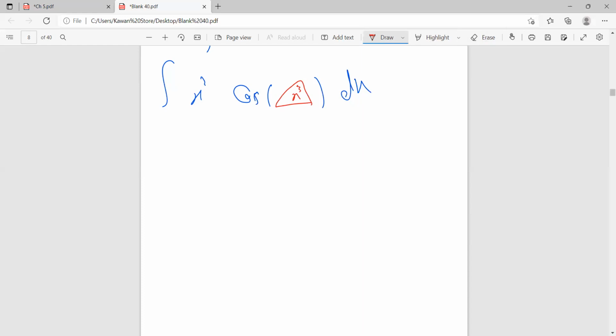Do we have this 3x squared outside? We have x squared. We can rearrange that one. Why not? x squared cosine of x cubed dx.